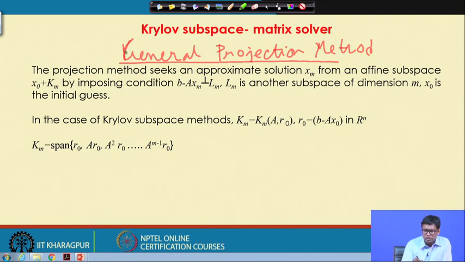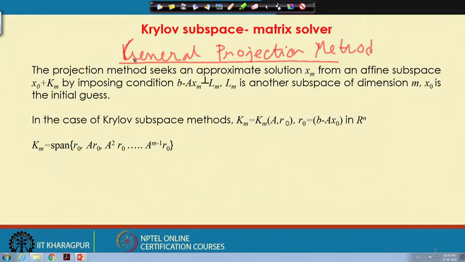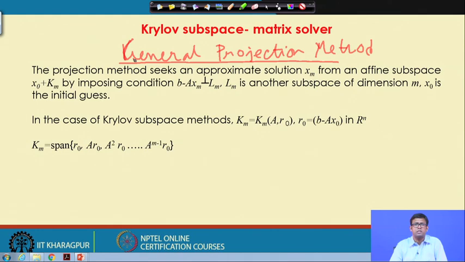And we have also seen that updating x in the Krylov subspace will make it converge to the exact solution x star, and as we update x in the Krylov subspace, the residual will also converge to 0. The projection method seeks an approximate solution x m from an affine subspace x 0 plus K m. We have discussed the definition of affine subspace in the last few classes.